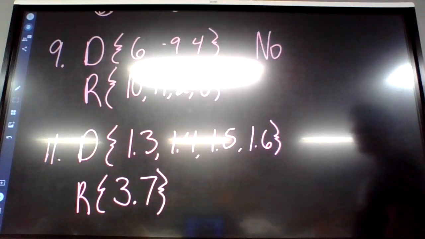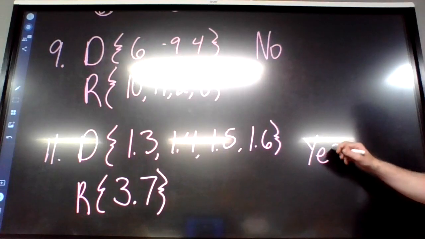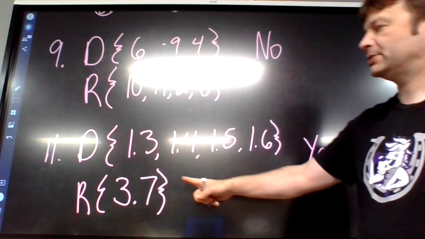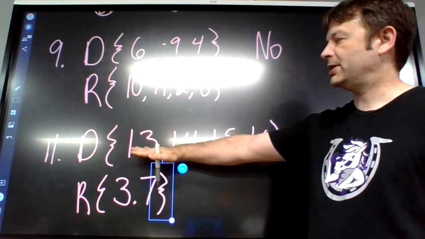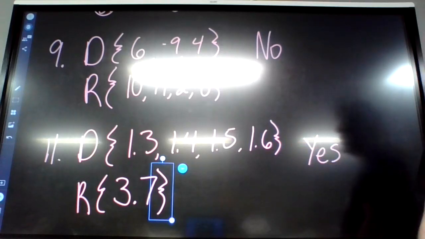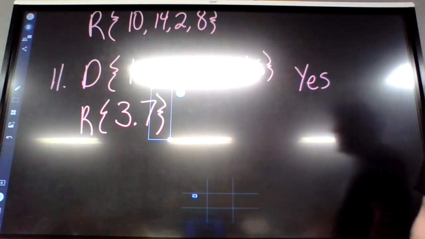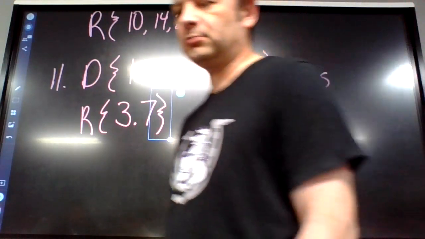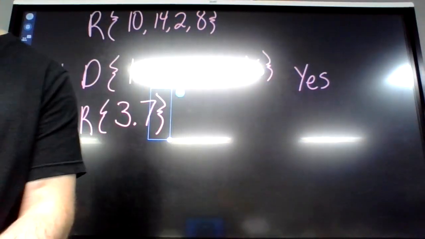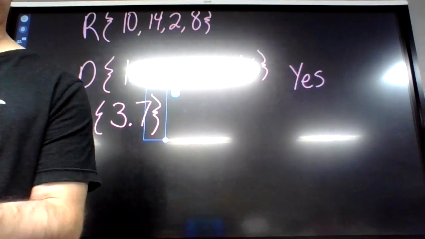Is it a function? Yes. Okay, it doesn't matter that the y values repeat. It only matters that the x values are not repeating. So 11 is yes a function.